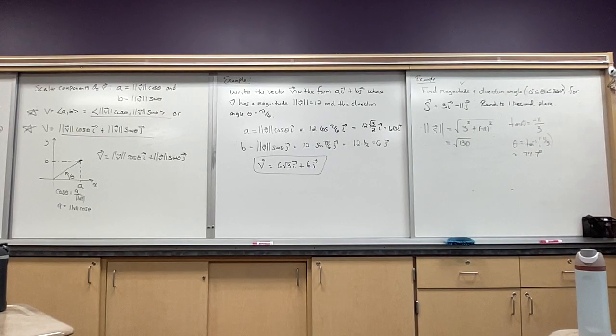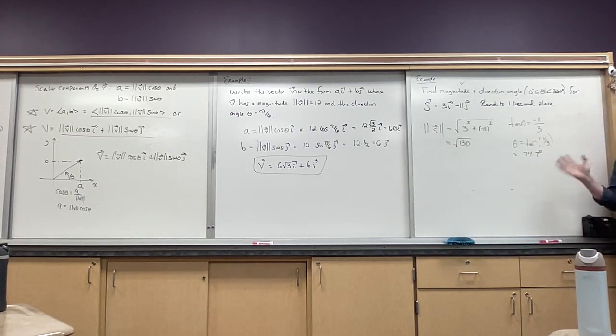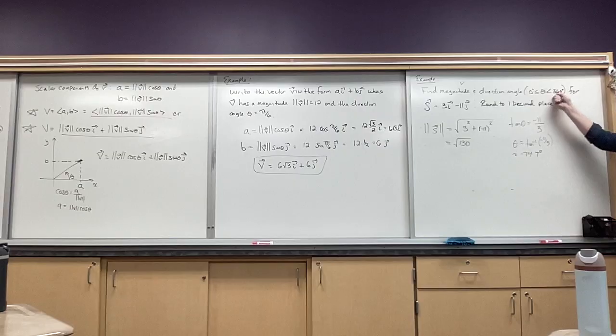Now, recap of inverses. Tangent gives you a result in quadrants 1 and 4. So this one's telling you you're in quadrant 4, but it's not within that range. So to get it in the range, I'm going to have to add 360 to that.